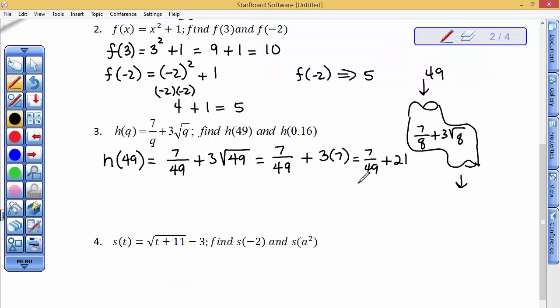So I'm going to go ahead and put that 21.14. If I've asked to find h of 0.16, into the original equation where I see q right here and right here, I'm going to put in a 0.16.